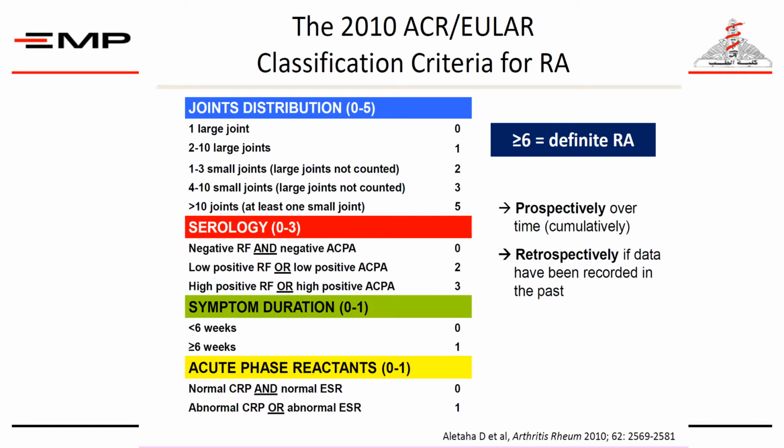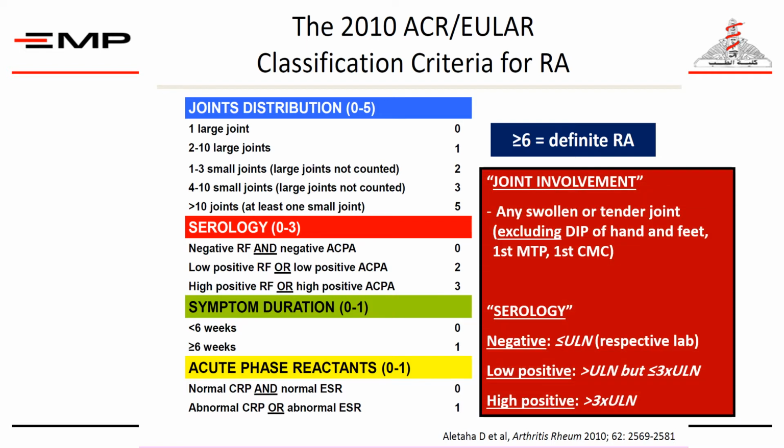Serologically, if there is negative rheumatoid factor and negative ACPA, the patient will take 0. If he has low positive rheumatoid factor or low positive ACPA, he will take 2 points. If he has high positive rheumatoid factor or high positive ACPA, he will take 3 points.